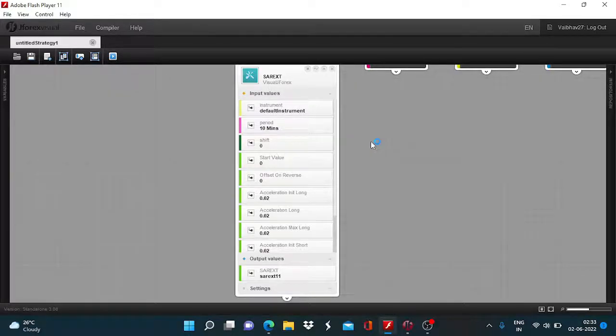these indicator values. So we have to define these input parameters, including the default instrument, candle period, the loopback period, and the start value, offset on reverse, acceleration initiation long, acceleration max long, and acceleration initiation short.